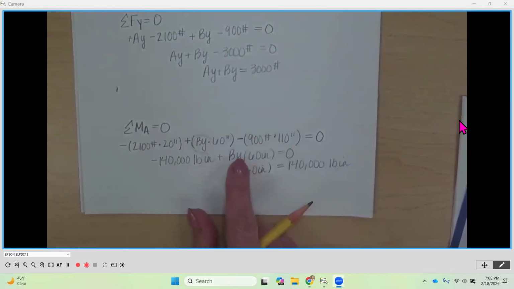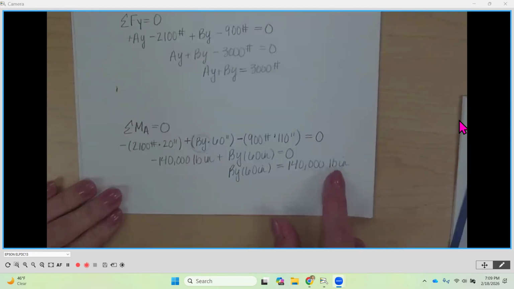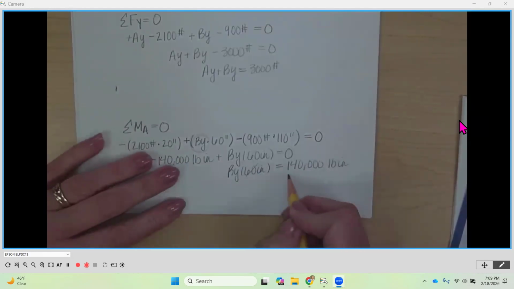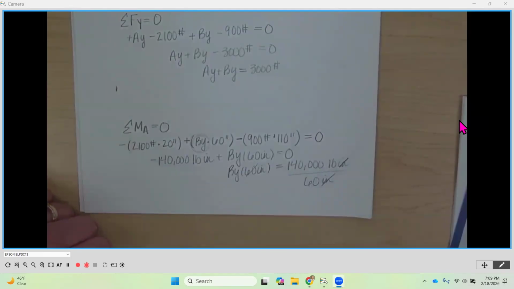And then it's plus By times 60 inches is equal to 0. Then you take the 140,000 and move it to the other side. It becomes positive pound-inches. Now my By times 60 inches is left over, and I'm going to divide both sides by 60 inches. The inches cancel.